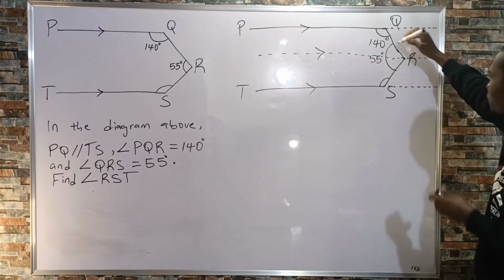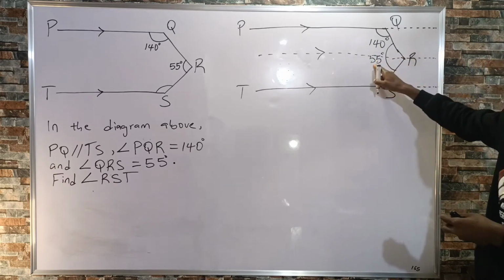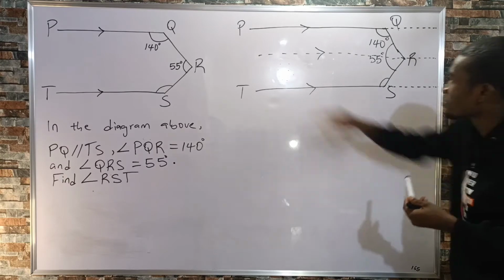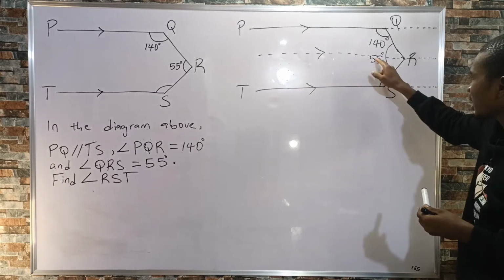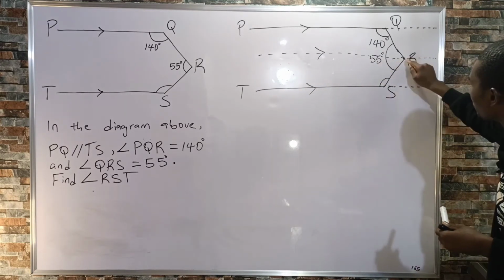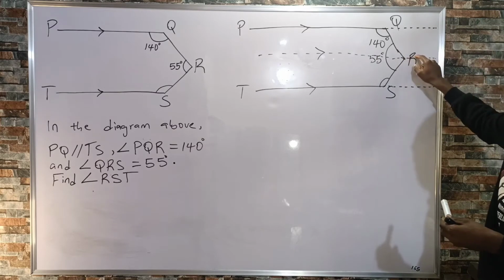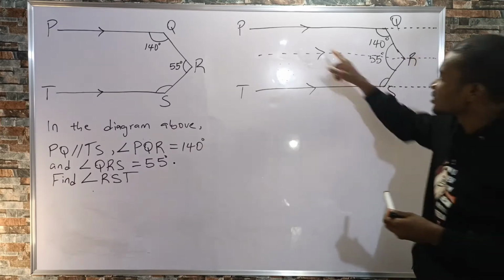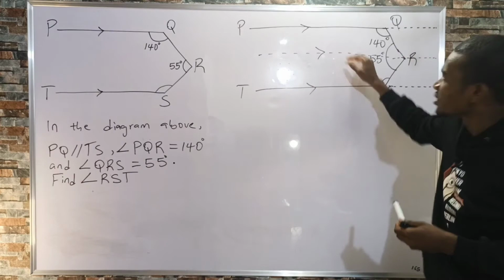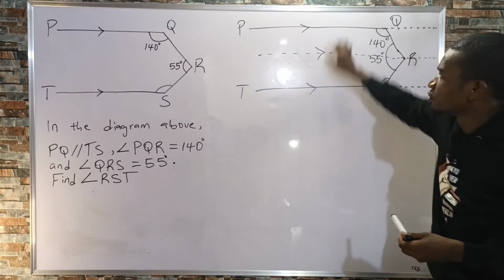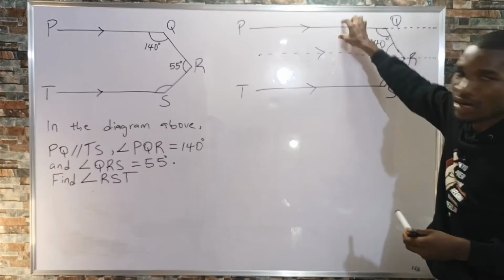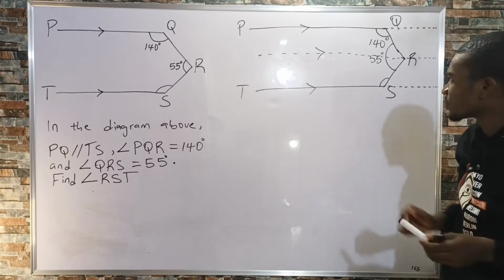Of course, the angle from this point to this point is angle 55 degree. So I made a line projection that cuts the angle 55 degree at the point R, such that this line I projected here is also parallel to the remaining two lines we already have here. Okay, that is very simple.